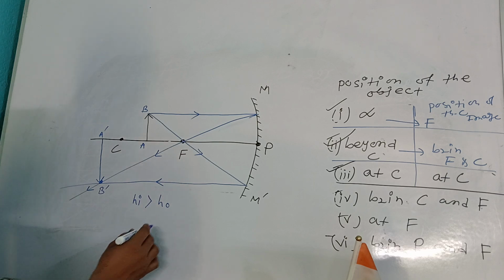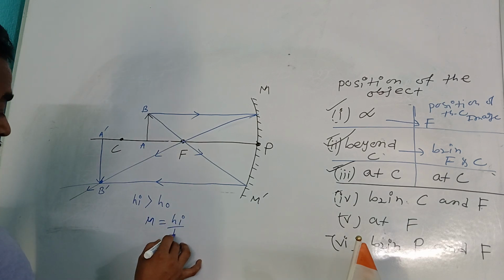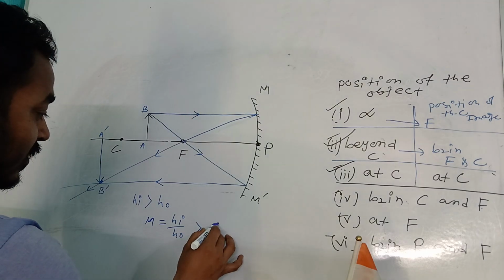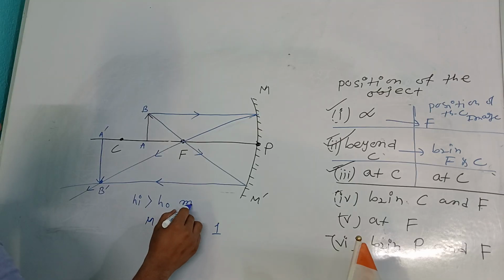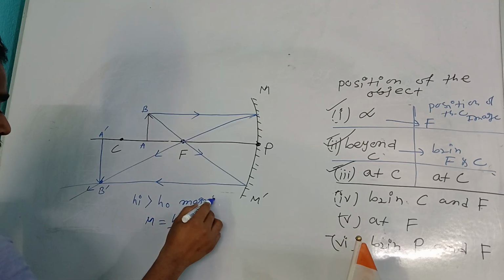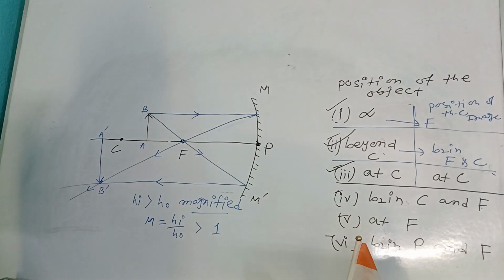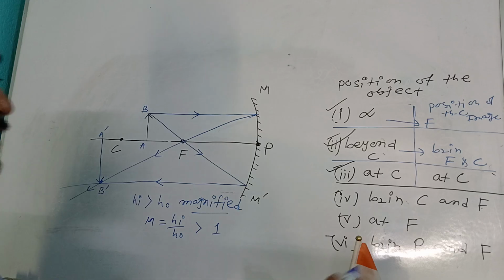So it means magnification, height of image by height of object, which is greater than 1, means image is magnified. Okay, image is magnified. And the position is what?